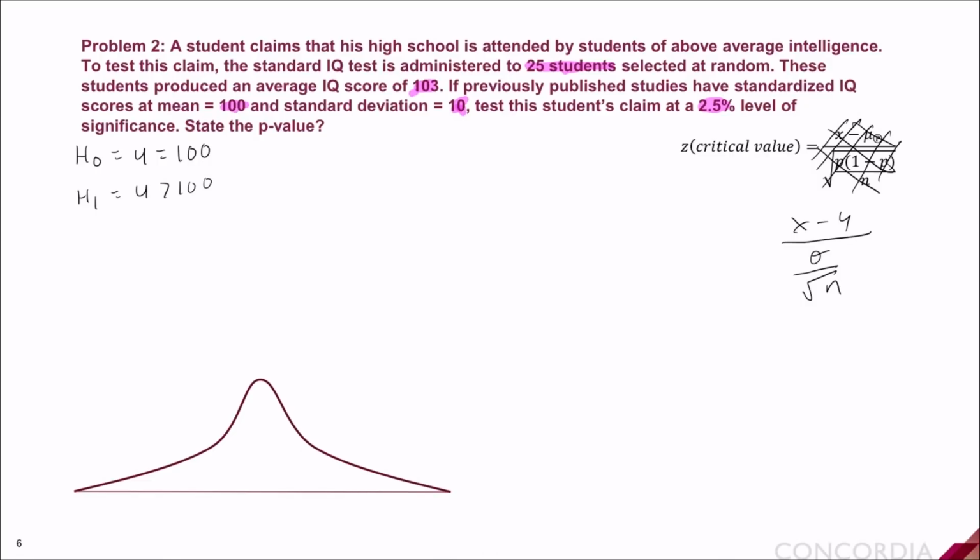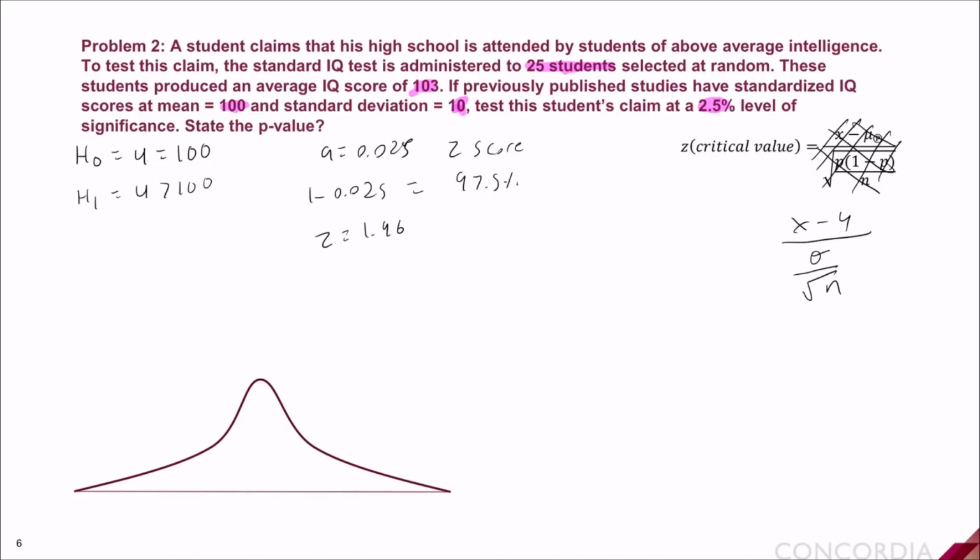So now, using our alpha, which is 0.025, we would have to find our cutoff point, which would be found on a z-score table. We'd look up the z-score equivalent to 97.5%, which is simply 1 minus our alpha. And that would give you a z-score equivalent to 1.96.